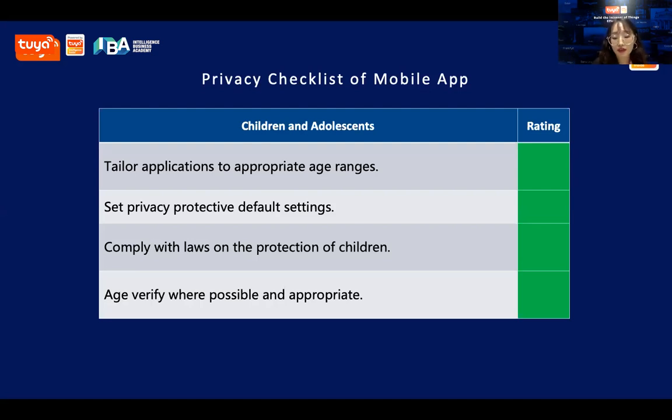At the current stage, Tuya does not set levels or have measures to identify particular children. So we see all the information imported or provided by individual users as being at the same level.